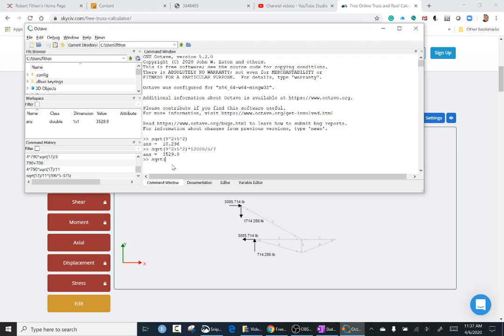The square root of 3085.714 squared plus 1714.286 squared. So I'm taking these values right here, and lo and behold, look, that number, this number are the same. So these are the reaction loads.